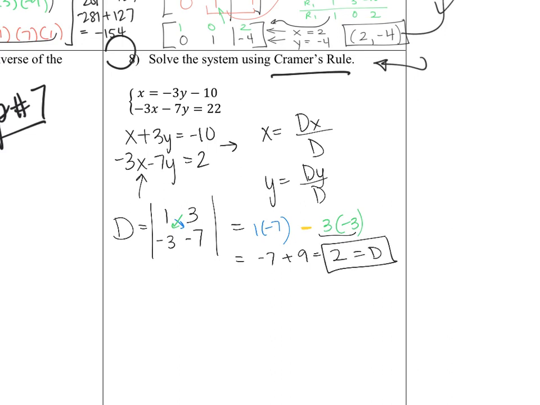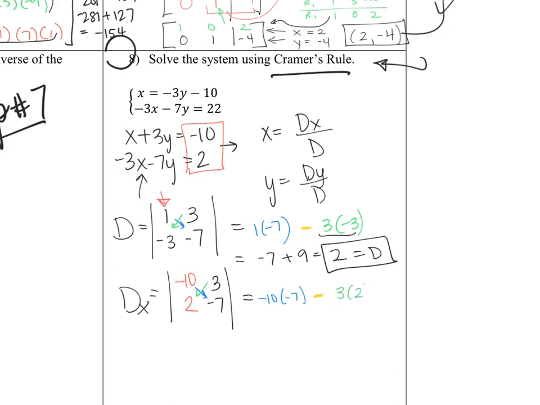Then we're going to need to find Dx. So remember, Dx makes us replace that first column with our constants. So it'll be negative 10, 2. The other part stays the same. And again, we're going to find the determinant. Negative 10 times negative 7 minus, because that's our formula for that determinant, the diagonal the other way, 3 times 22.